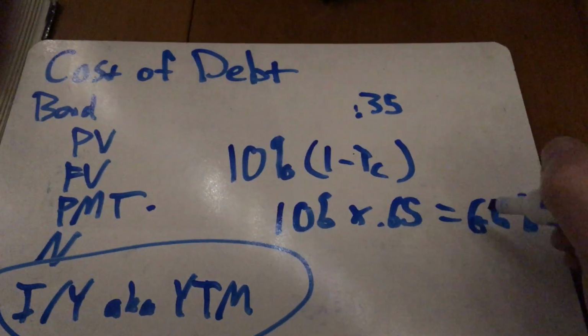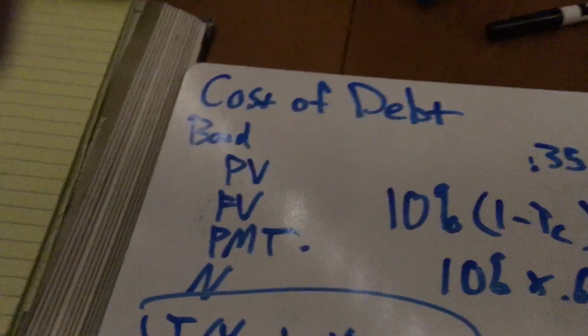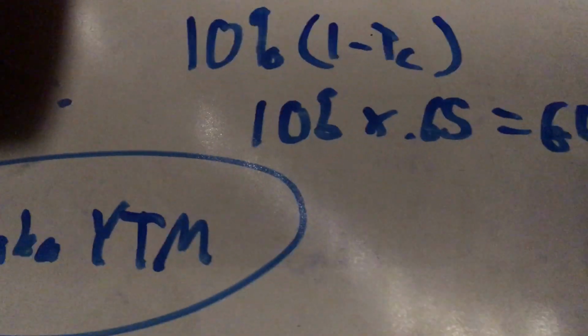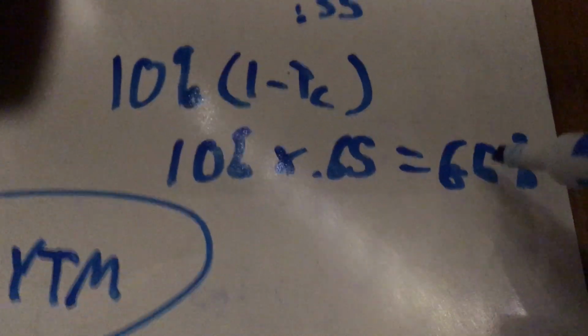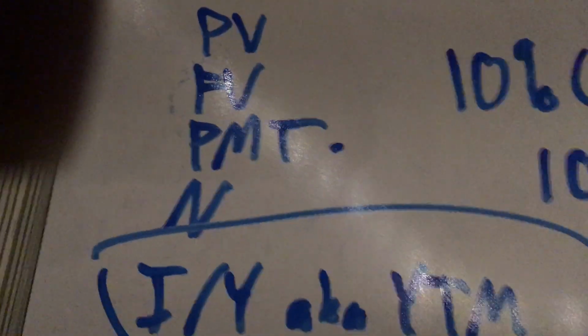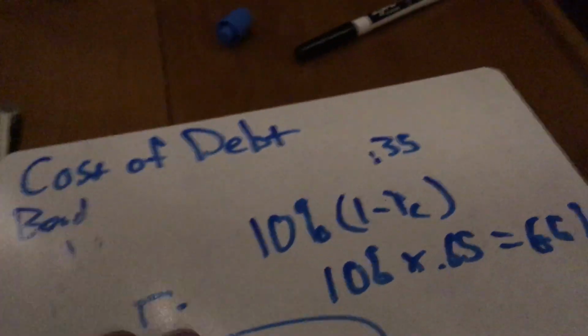I know you can't read that. 6.5% is your cost of debt. So just keep that in mind. This is the before tax cost of debt, and that's the after tax cost of debt. Too easy, right?